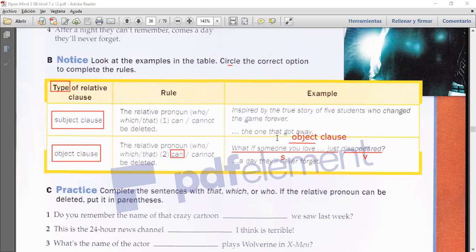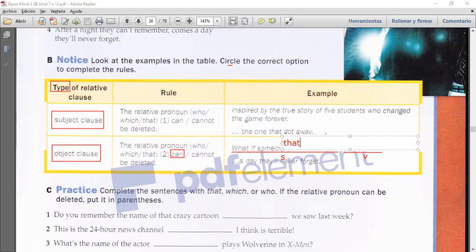Object clause. Why? Because it says, what if someone that you love, as it says, can be deleted. Here it is deleted.